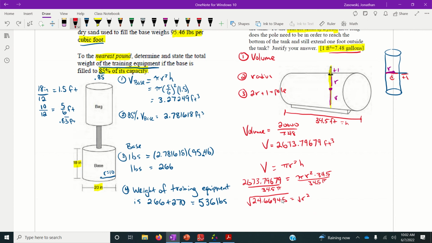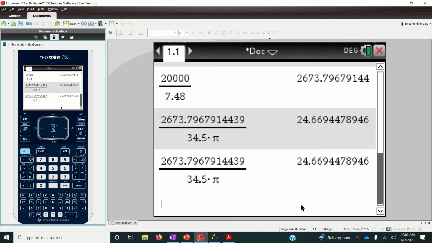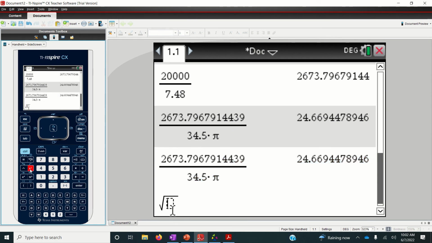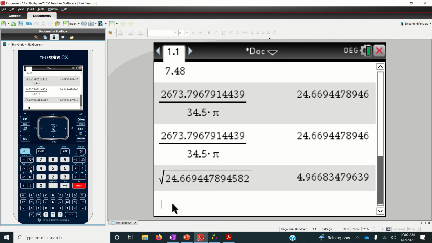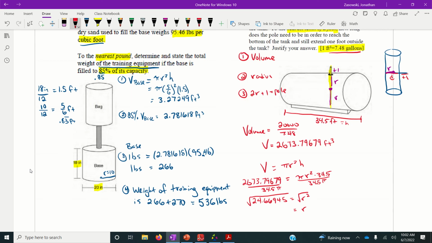There's no rounding until the very final step, so keep that in mind. So we square root it: control divide, then up arrow, and grab that. And that's 4.9668. So 4.9668 is equal to the radius. And once again, this is in feet.